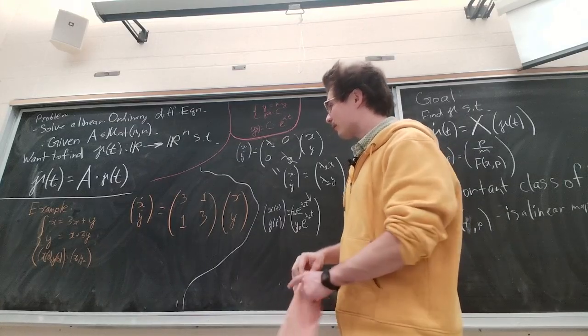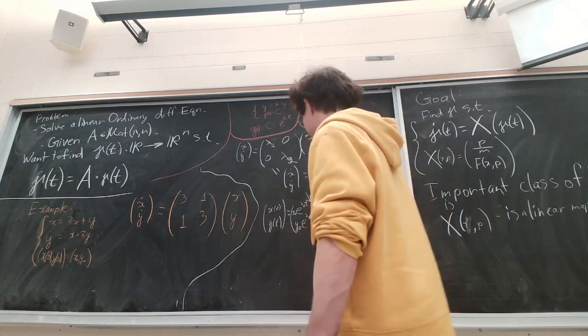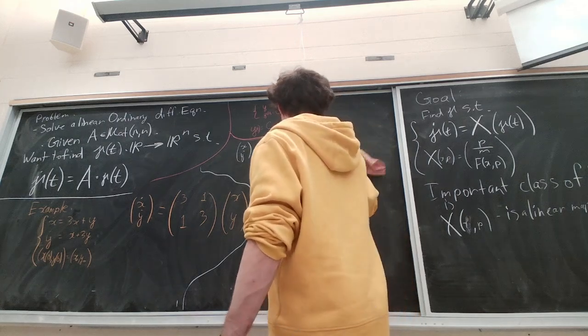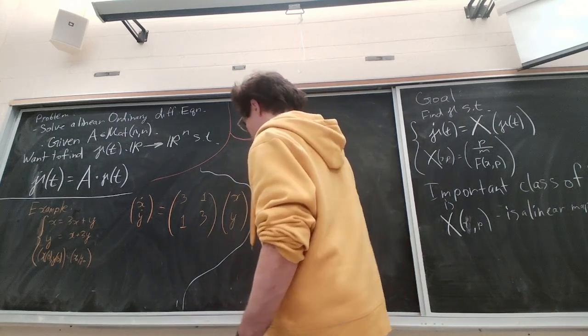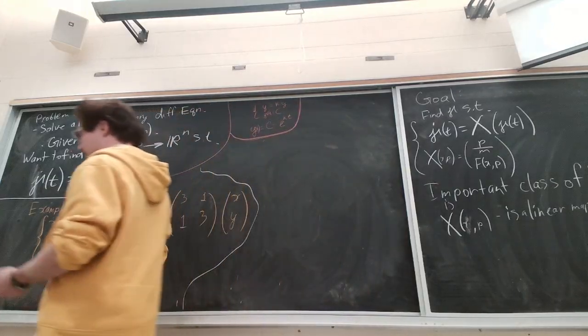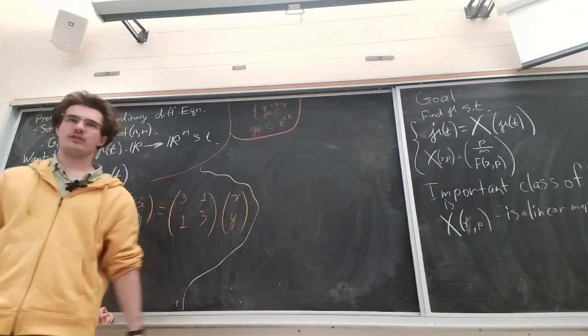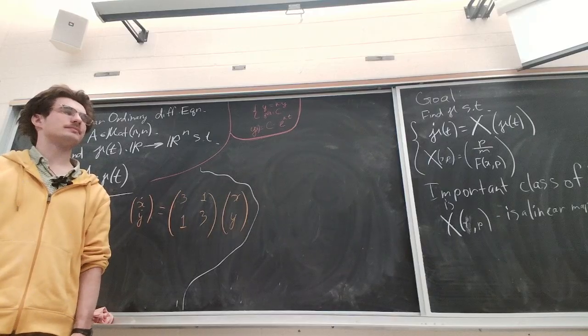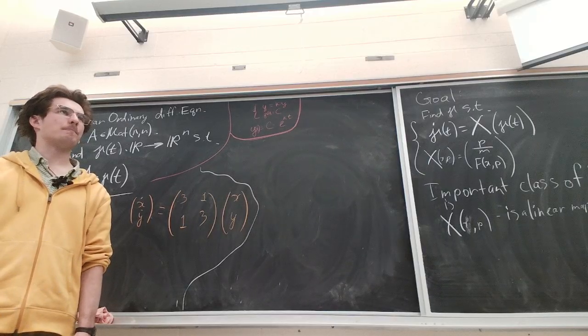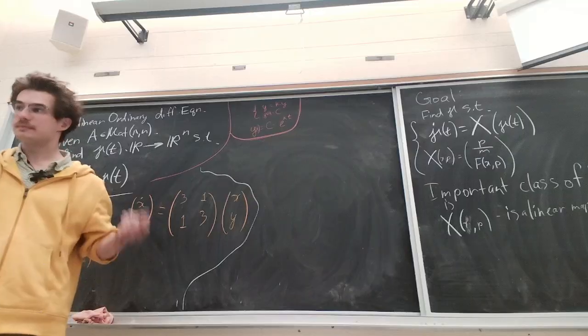Okay, so we want to do a change of basis. Suppose there was a change of basis. Let's call it, what's a good letter for a change of basis? Lambda.